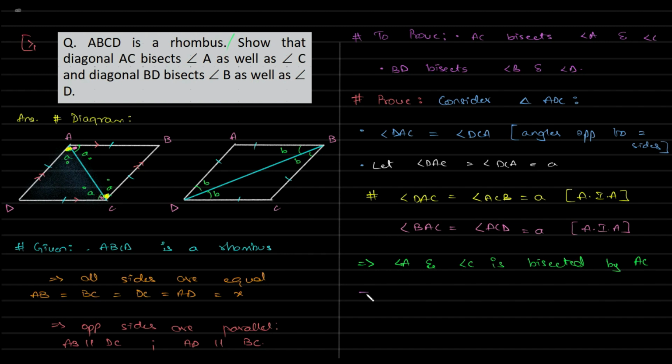So the next part is on the same line, with the same argument we can write it. I think I'm a bit confused. Should we write this entire thing, or can we just say similarly we can prove that? Anyway, they asked us exclusively, so let's do that. Consider triangle ADB.